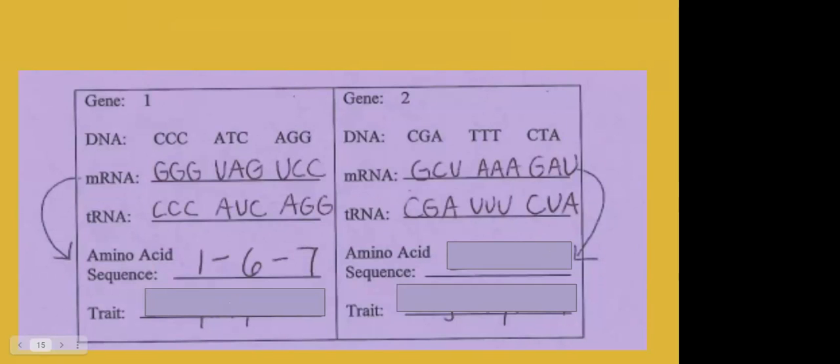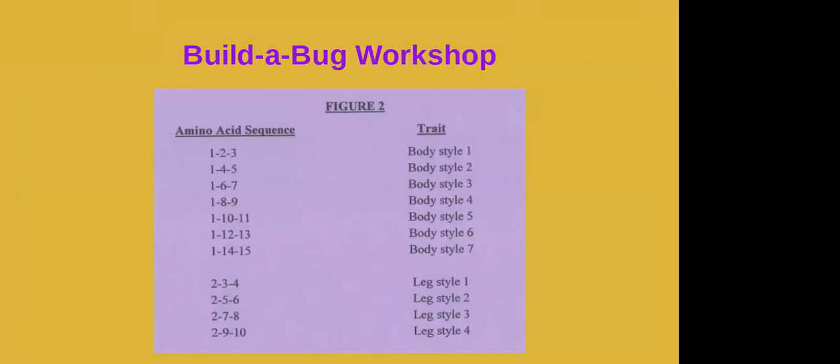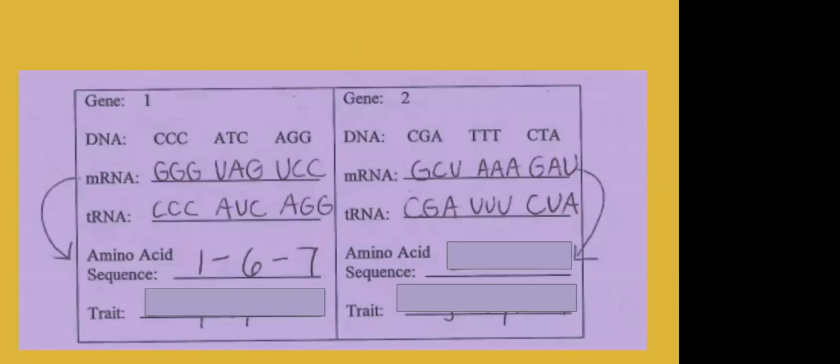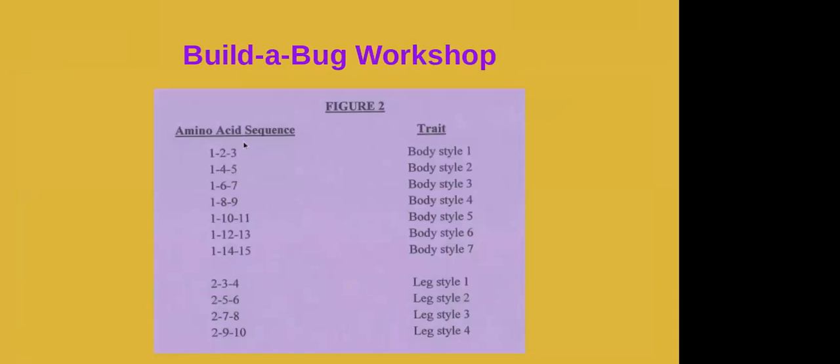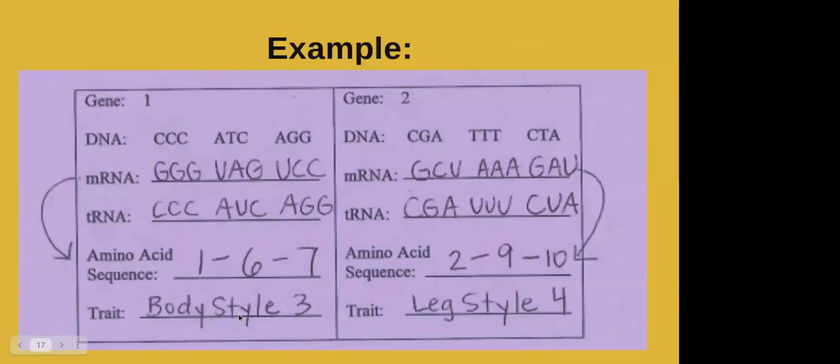And today we're just going to look up in this kind of silly little code what trait it is. So for gene 1, the amino acid sequence I got was 167. In figure 2 in the reference packet, amino acid sequence 167 codes for body style 3. So that's what I write here on the line. Body style number 3.